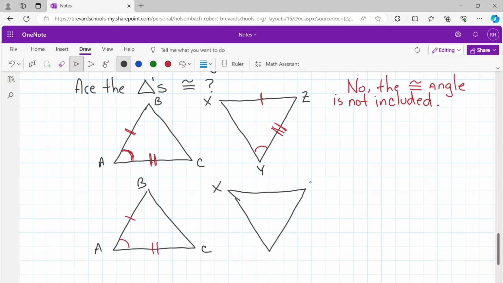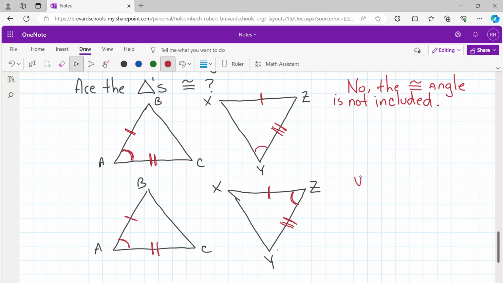Label it the same, X, Z, and Y. Now, if I label XZ with one tick mark and ZY with two tick marks, which angle has to have an arc mark in it for the triangles to be congruent? Very good. Angle Z. So now we've got side, included angle, and side congruent to side, included angle, and side.